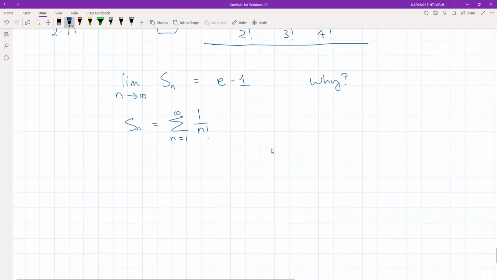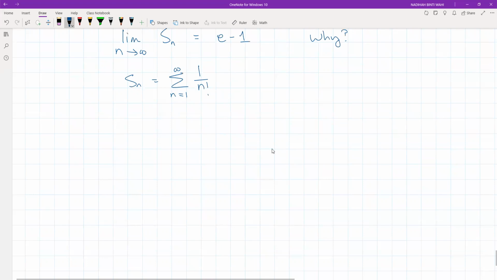Okay. Dan untuk E is just summation from n equals to 0, 1 over n factorial. Dan awak kena ingat, 0 factorial is equals to 1. So saya rasa awak dah pernah jumpa ni kan, 0 factorial dia sama dengan 1. Dia ada pembuktian dia, kalau awak berminat nak cari dia punya bukti, silakan.